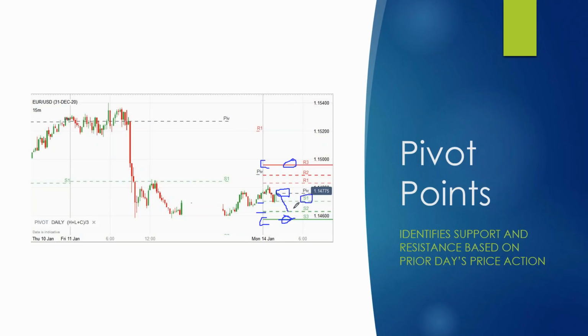Okay, and those are the ones you want to zero in on. If you see one and say, oh, that doesn't make any sense to me at all, that's probably not the indicator you want to use. Okay? Any other questions on the pivot points? Okay, let's go to the next one.